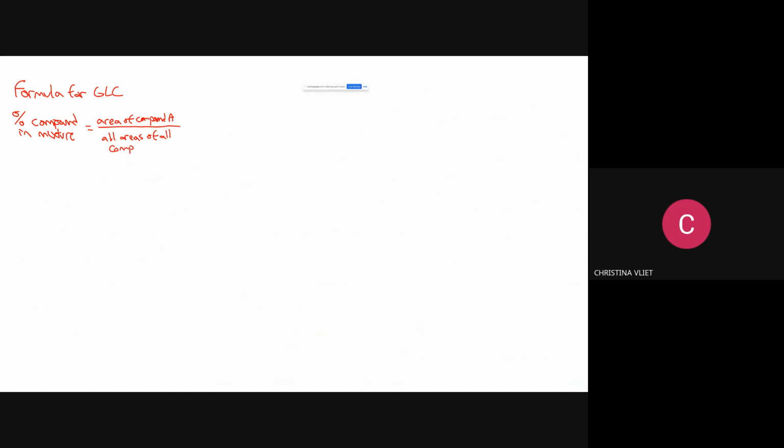What do I mean by that? In your graph, you get this. Compound B, area, compound C. In most questions that I've ever seen, they'll already just tell you what the areas are, and they'll ask you to just do the calculation.